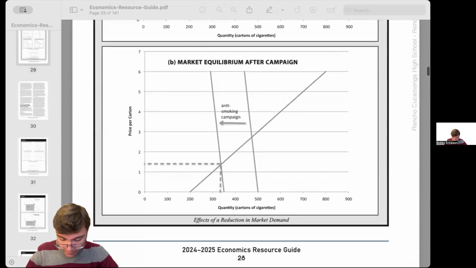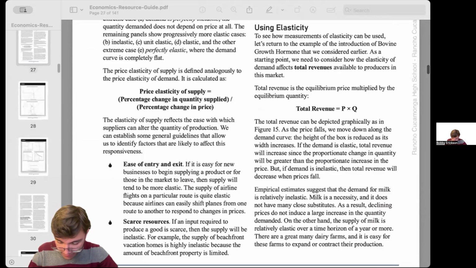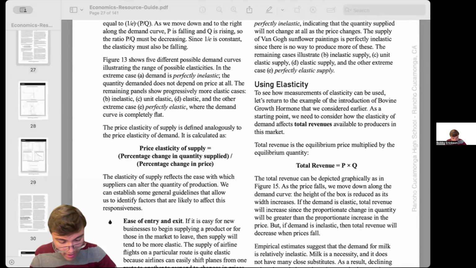Okay, so next up, we get to talk about how do we actually use elasticity. So let's talk about bovine growth hormone. So bovine growth hormone is the starting point for understanding what it means for there to be total revenues available to producers in the market.